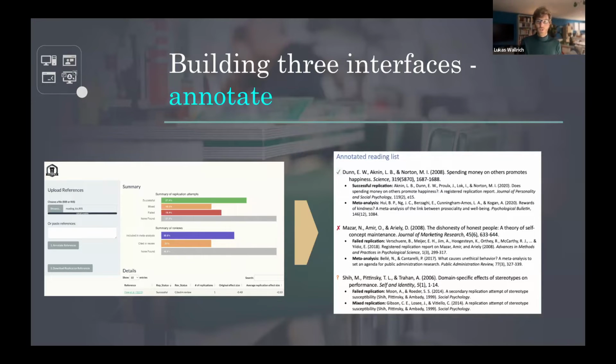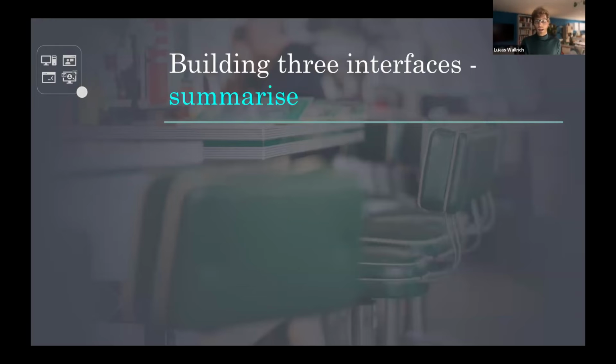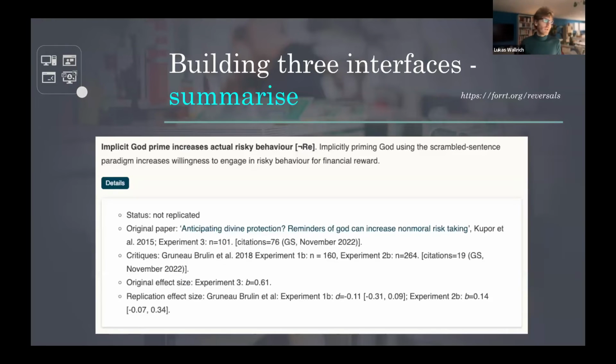Have they been replicated? Do they replicate? And then finally, we'll keep on generating these summaries that came out of the original FORRT project that are based on effects, where in this case, God priming does not replicate, so that will be transparently visible on the FORRT website.